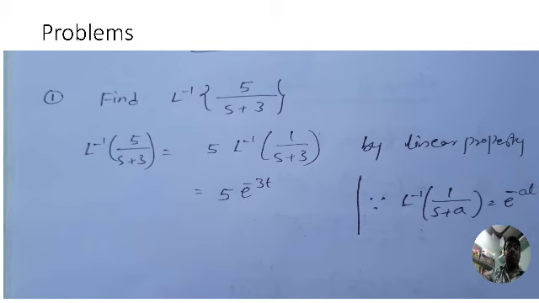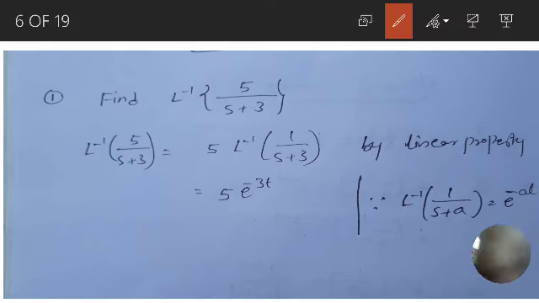You see, here the first problem says: find L inverse of 5 by s plus 3. As we learned in the linear property, if a function is multiplied by a constant, we can take that constant outside. Take 5 outside: 5 into L inverse of 1 by s plus 3.